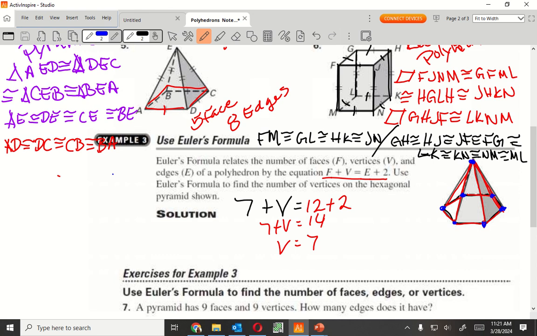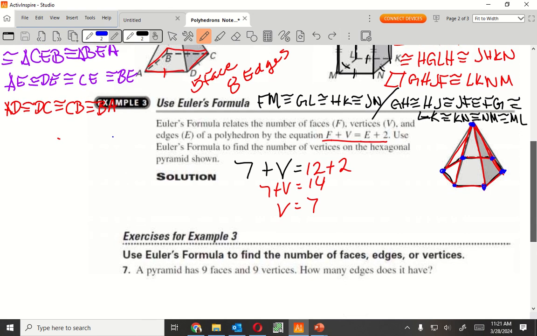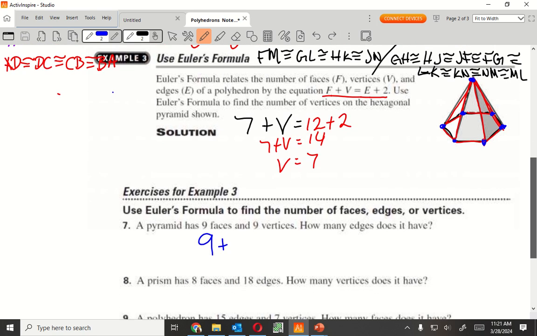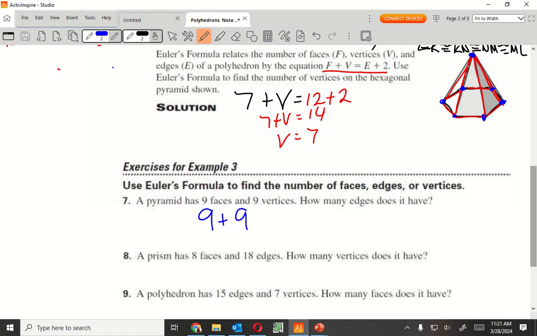So we could use the formula to find missing values. If we don't know how many pointy points, or faces, or edges, we could solve for each one of those variables. So we're just going to do question 9 and then skip the rest. A pyramid has 9 faces and it has 9 vertices. How many edges does it have?